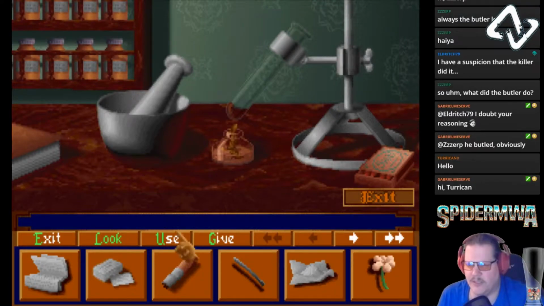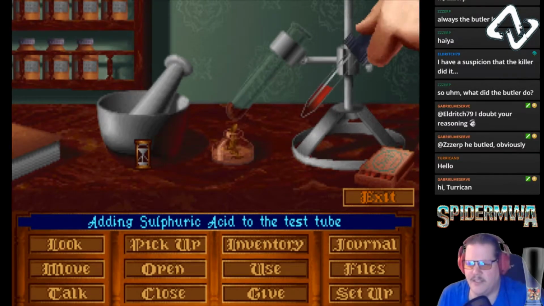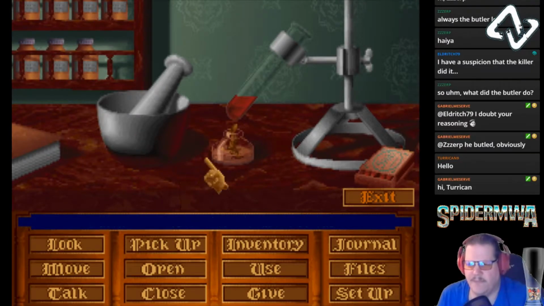Okay, what we need to do is use this in the test tube. Adding sulfuric acid to the test tube. Didn't know that I chose that.